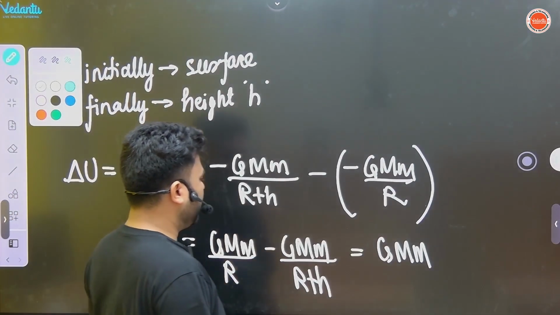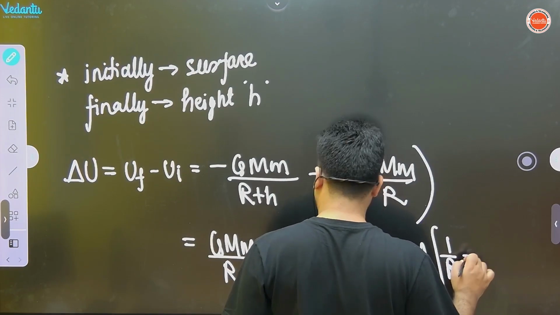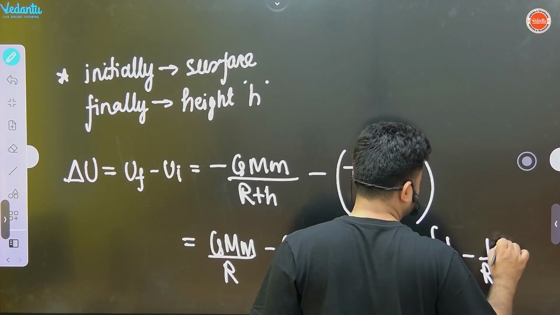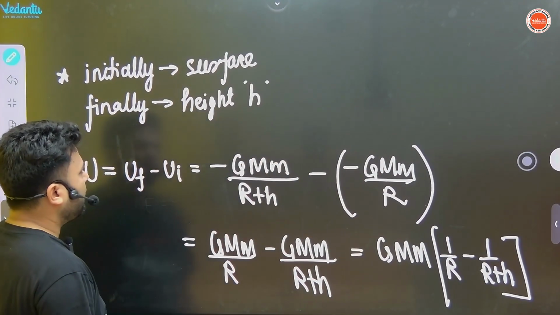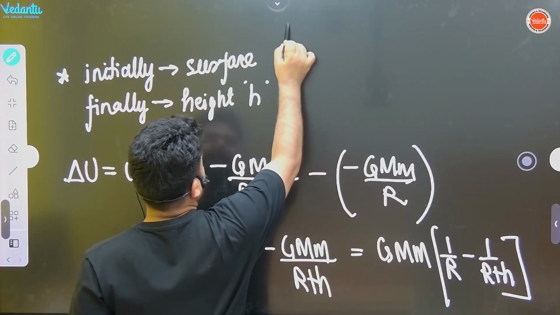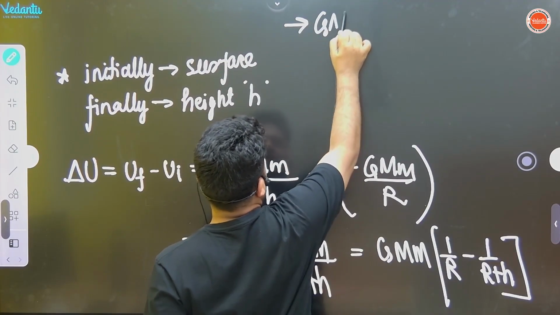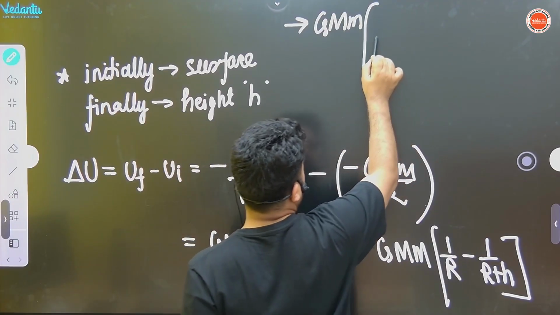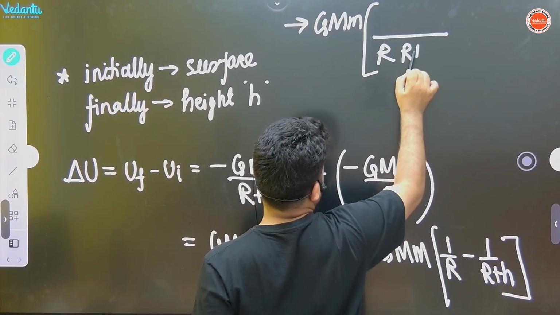GMm/R minus GMm/(R plus H). Now if you solve this, what you will get? See, I am writing here. So GMm, R into R plus H, I will take LCM.